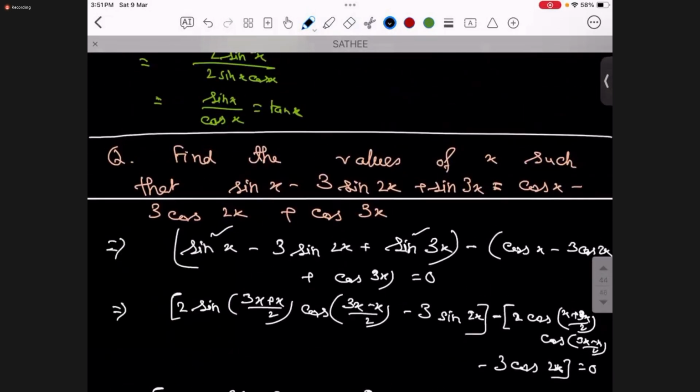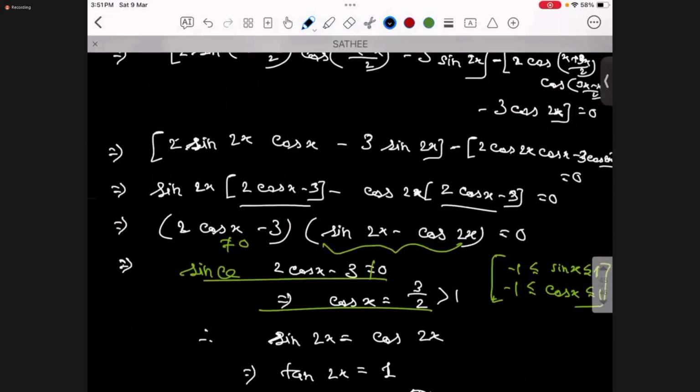So what we have done in this question: we considered this equality, solved the equations, and used the formulas for sin of x plus y and sin of x minus y. Using those formulas, we obtained the expression for when the equality holds. Now, why is this not equal to 0?